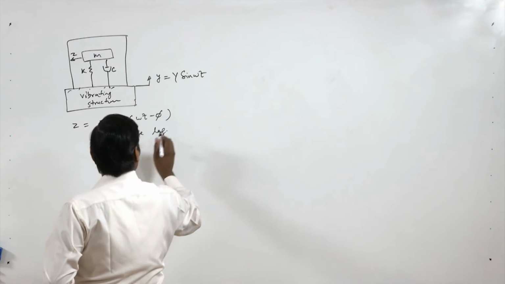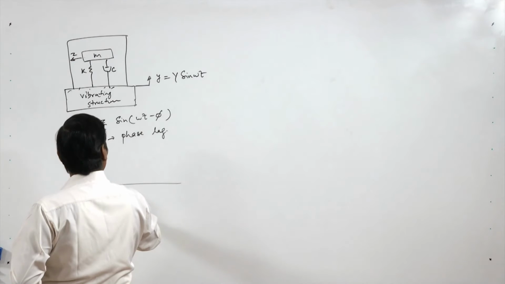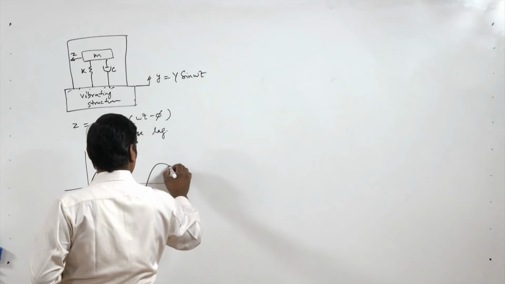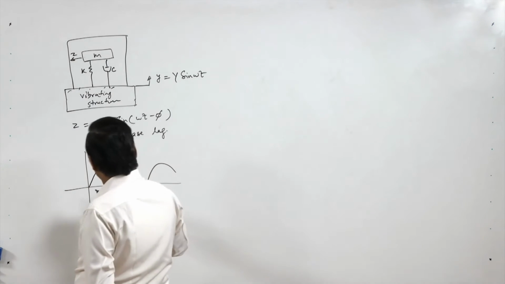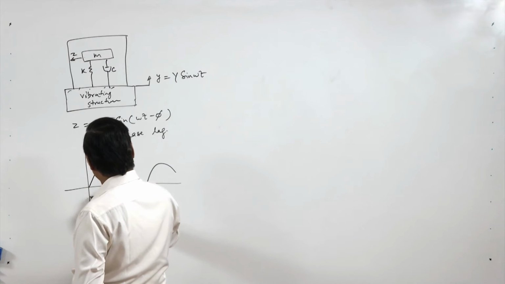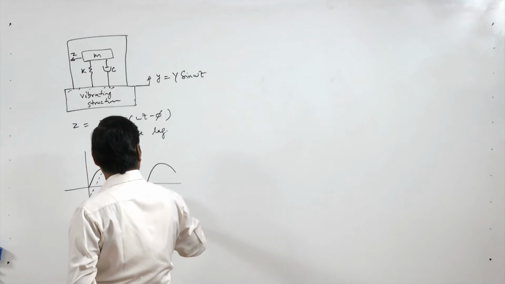It means that if I have this motion y, that is y equal to Y sine omega t, and I measure the relative z, it will have some phase lag, so it will start something like this.